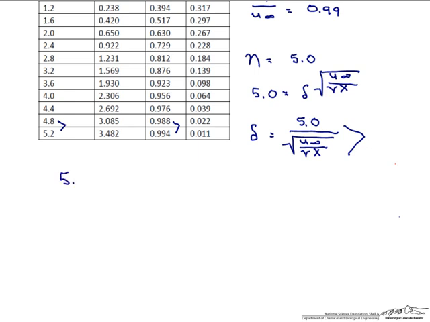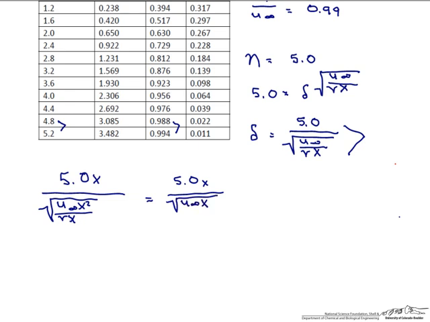So we get that del equals 5.0 times x divided by the square root of u infinity times x squared divided by our kinematic viscosity times x, or we can write this as 5 times x divided by the square root of u infinity x divided by the kinematic viscosity.